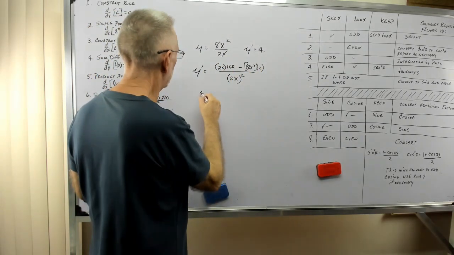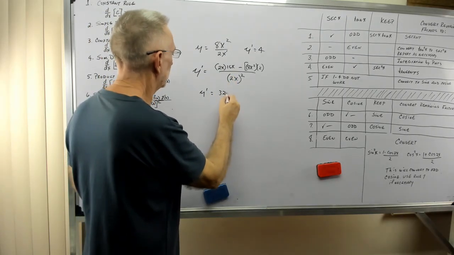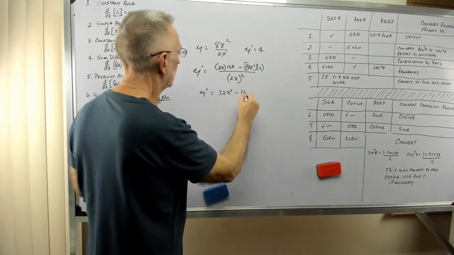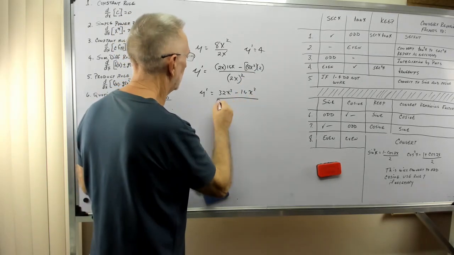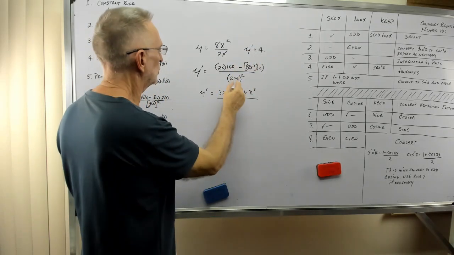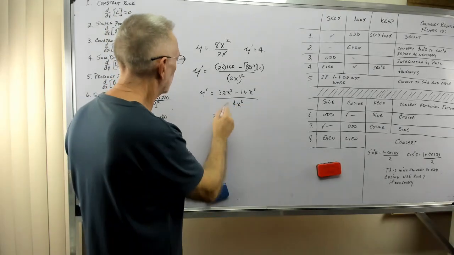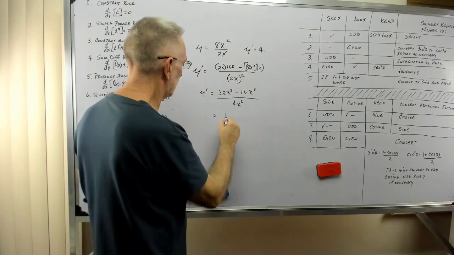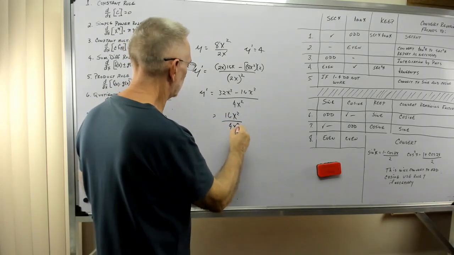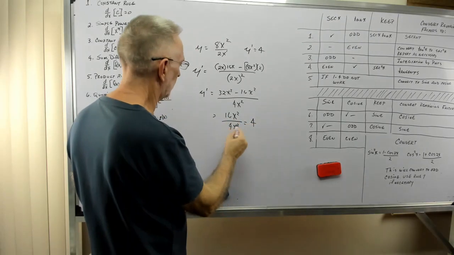So what do we have here? Y prime equals 32x squared minus 16x squared all over 2x parentheses squared, which is 4x squared. 32x squared minus 16x squared is 16x squared divided by 4x squared is equal to 4. 16 divided by 4 is 4.